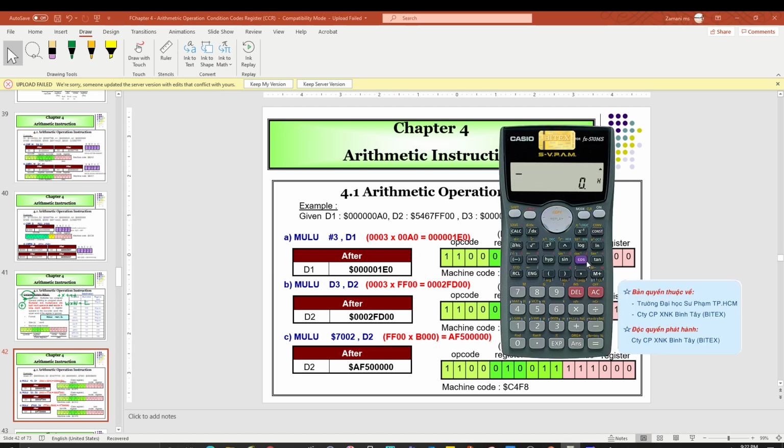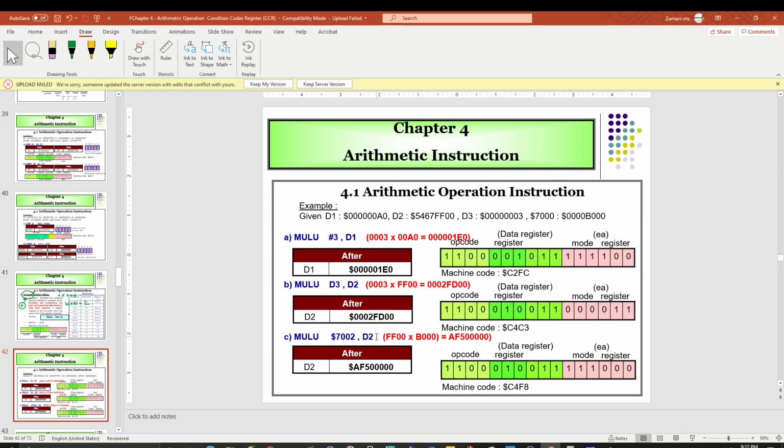Now you are going to just multiply this one, FF00 times 3, right? And the answer is 2FD00. And because it should be a long word size, you have to add all 0 at the front up to the 32-bit.